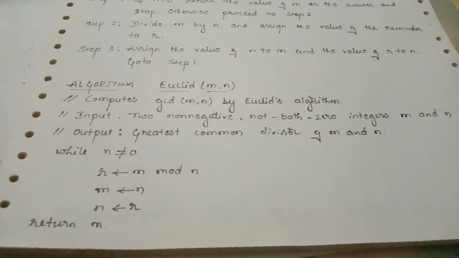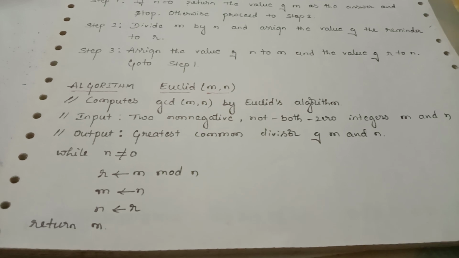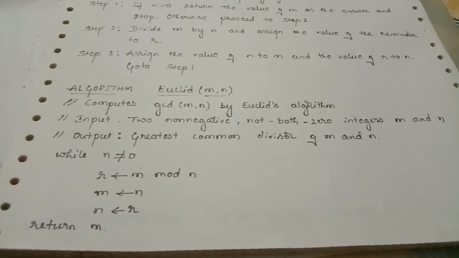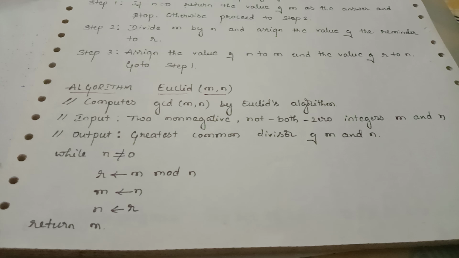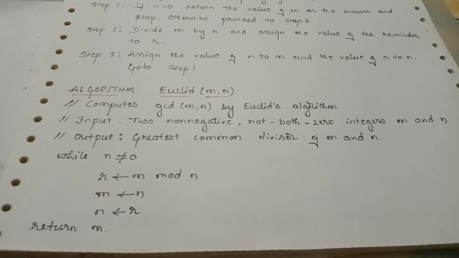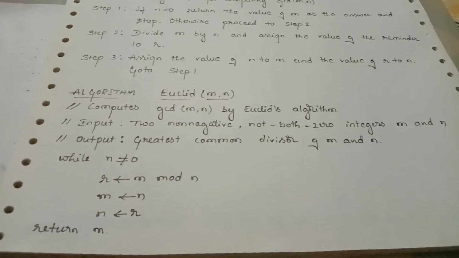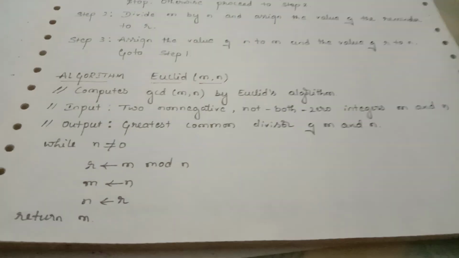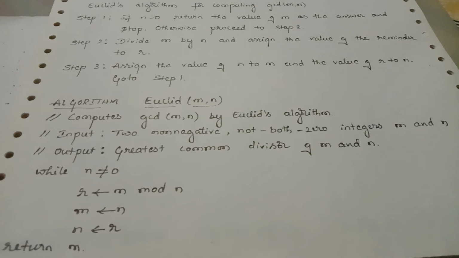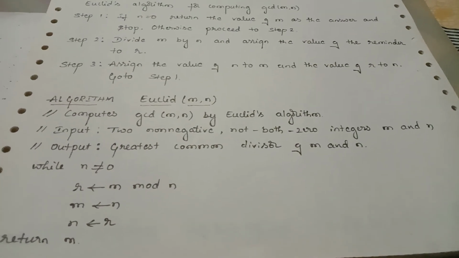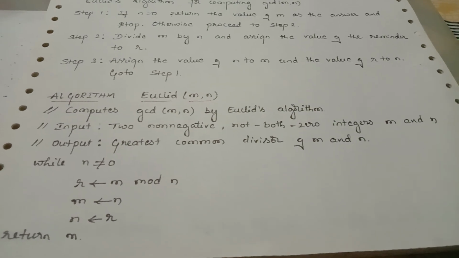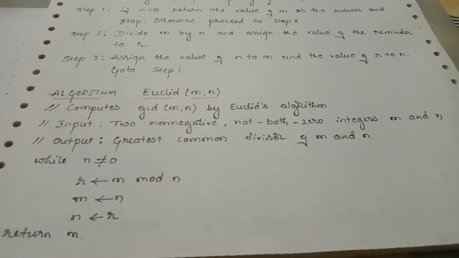The first comment explains the aim of the algorithm. The second comment explains the input we give to the algorithm, that is, the legitimate input for which our algorithm works. And the third is the output, whatever we get from the algorithm.